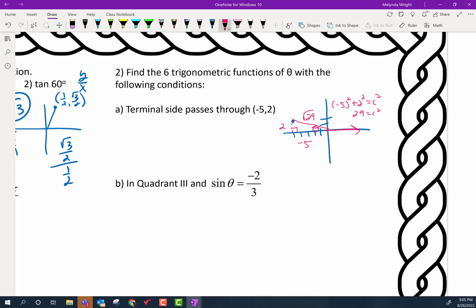I want to make sure we understand the hypotenuse is never negative. You might write that down. How do we get the hypotenuse? We square two numbers. Is it possible to square a number and come out with a negative number? No. So the hypotenuse is always positive.